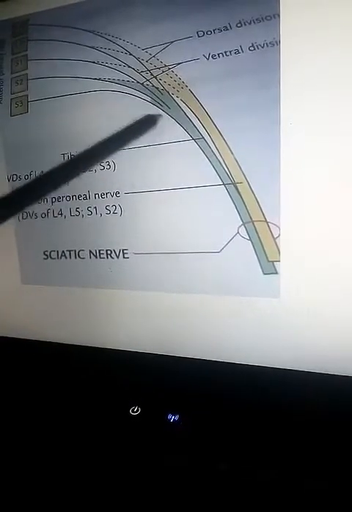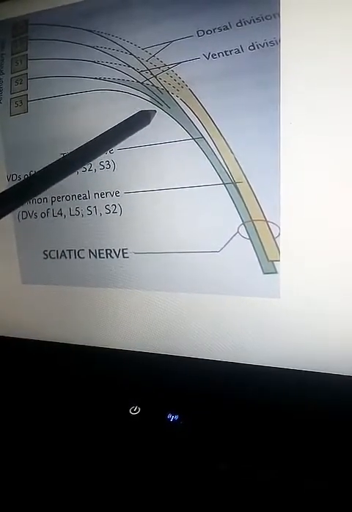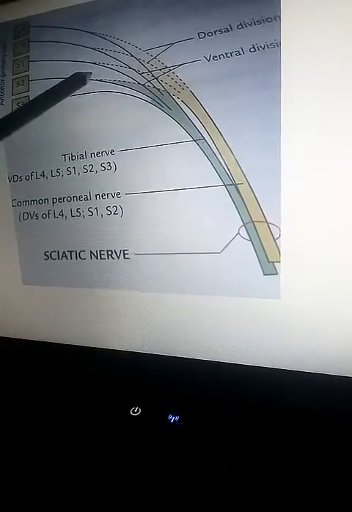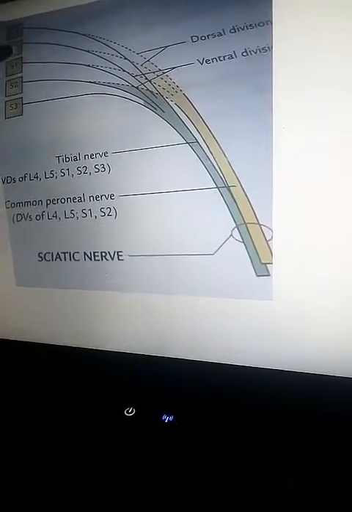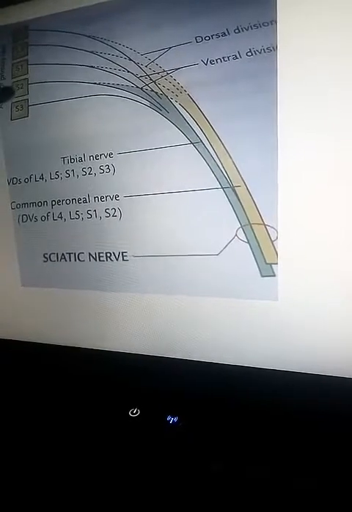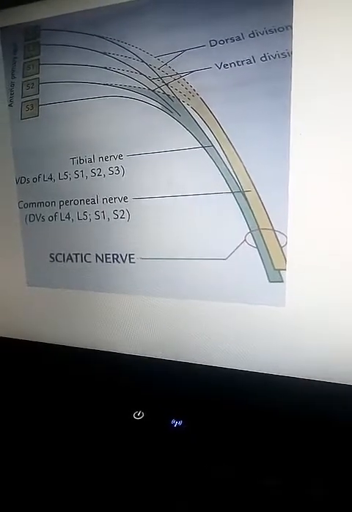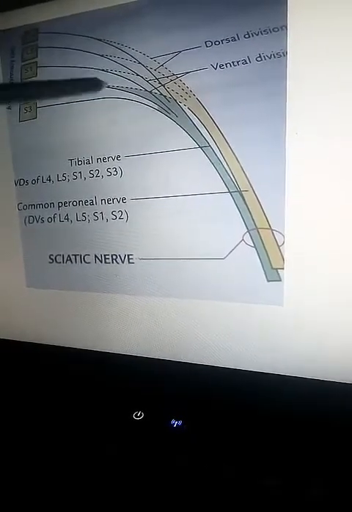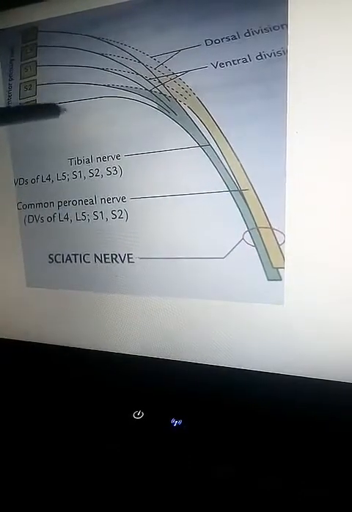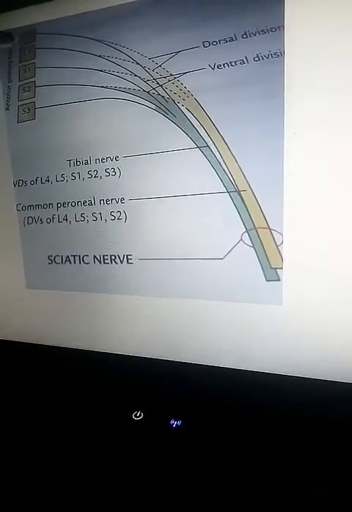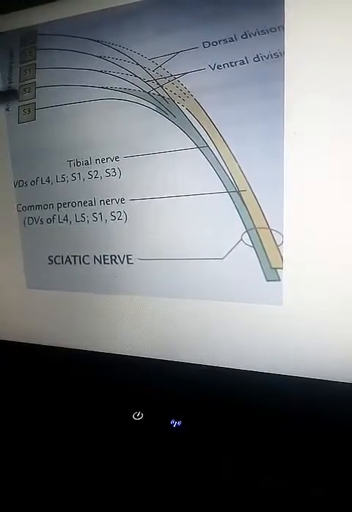The tibial part is formed by the ventral divisions of the anterior primary rami of L4, L5, S1, S2 and S3. The common peroneal part is formed by the dorsal divisions of the anterior primary rami of L4, L5, S1 and S2.